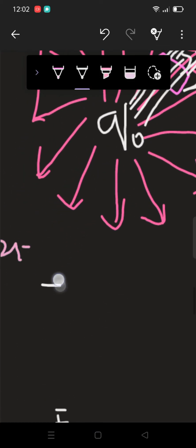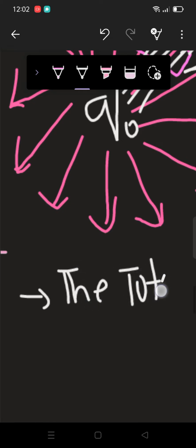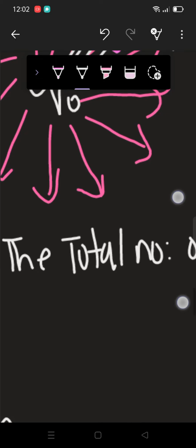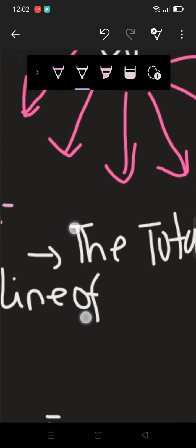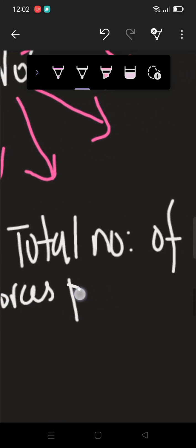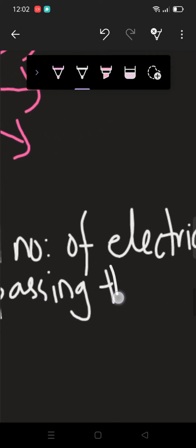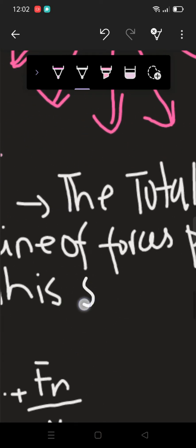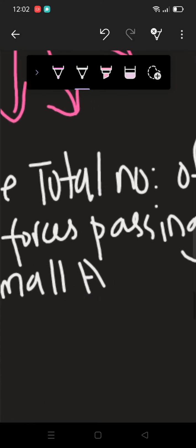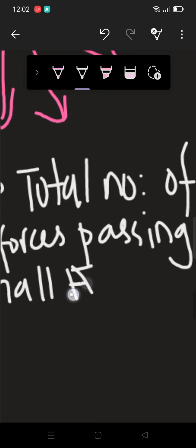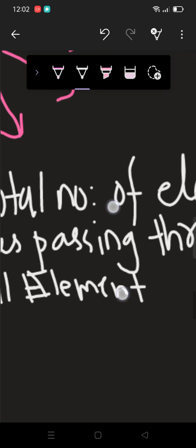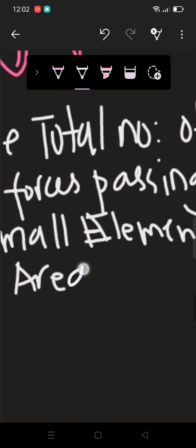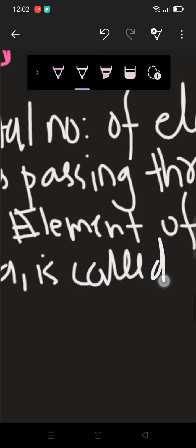Electric flux: the total number of electric lines of force passing through this small element of vector area is called electric flux.